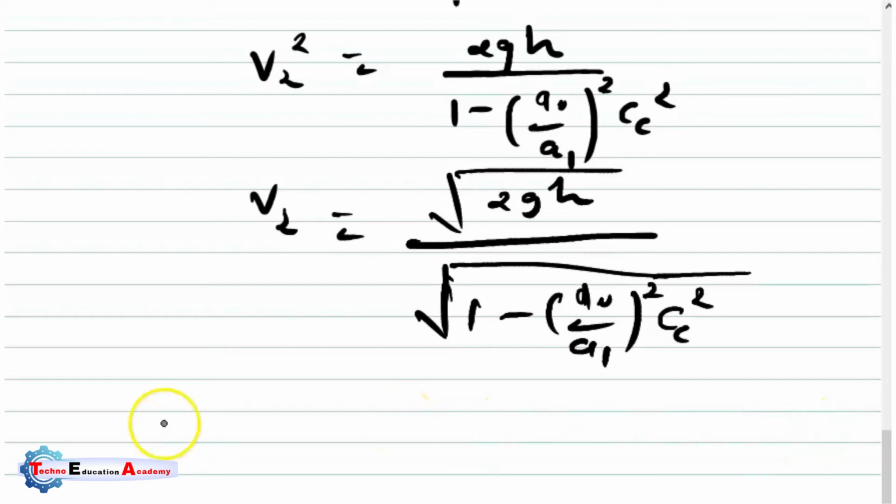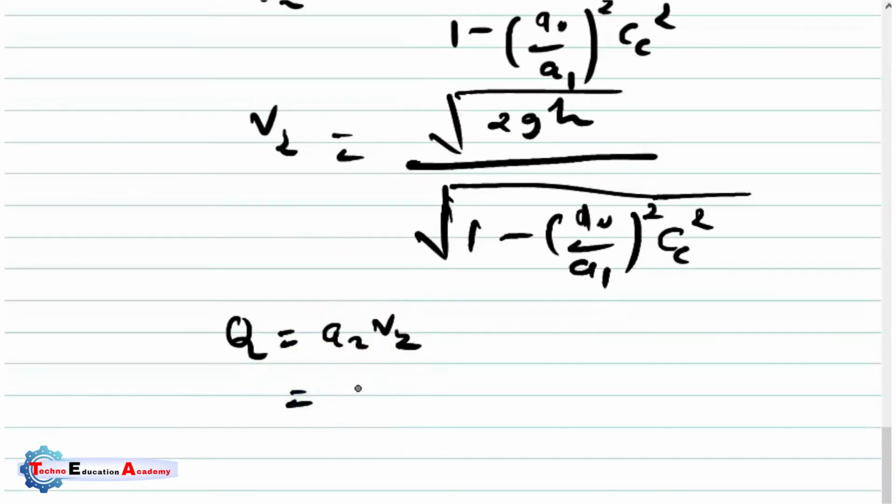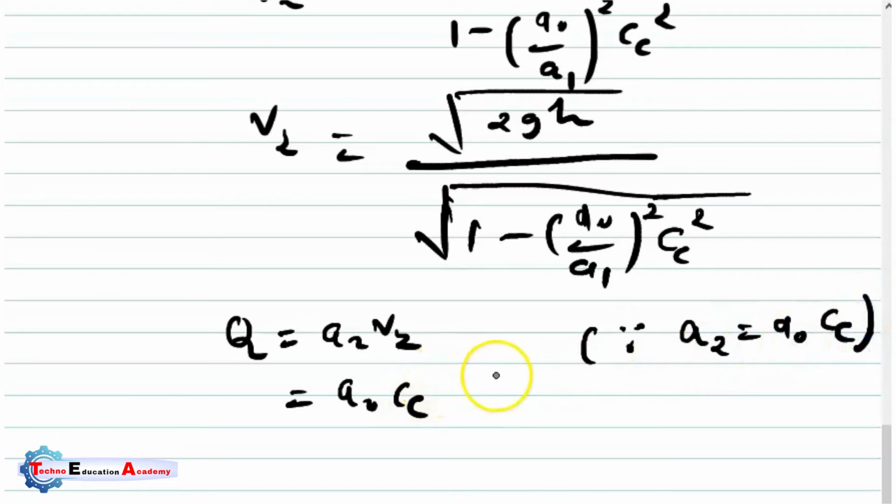Now we have derived the equation for the discharge. So discharge, capital Q, is equal to A2 V2. Here A2 is nothing but A0 Cc from equation number 2, or from the area of vena contracta equation, A2 is equal to A0 Cc.